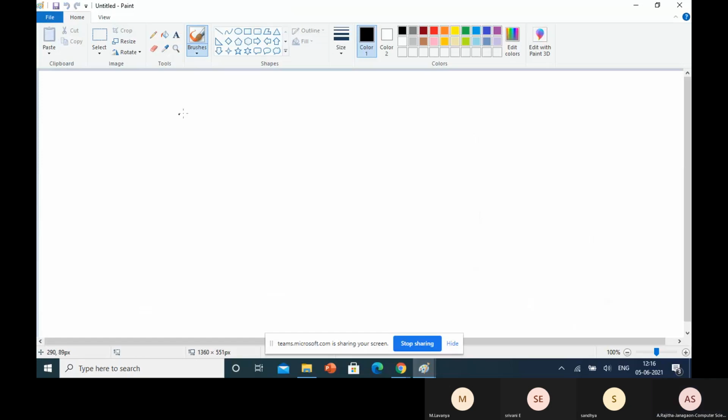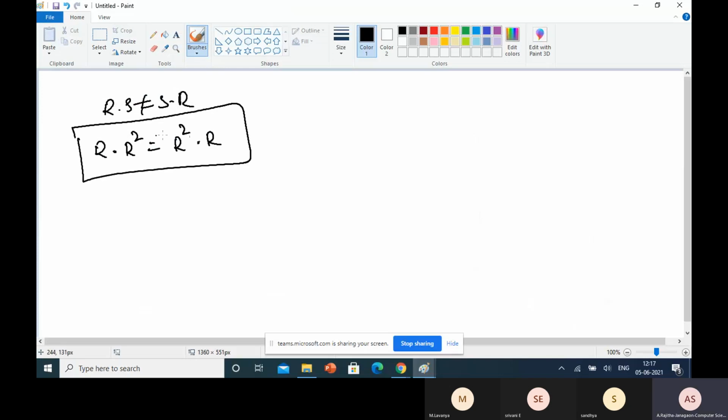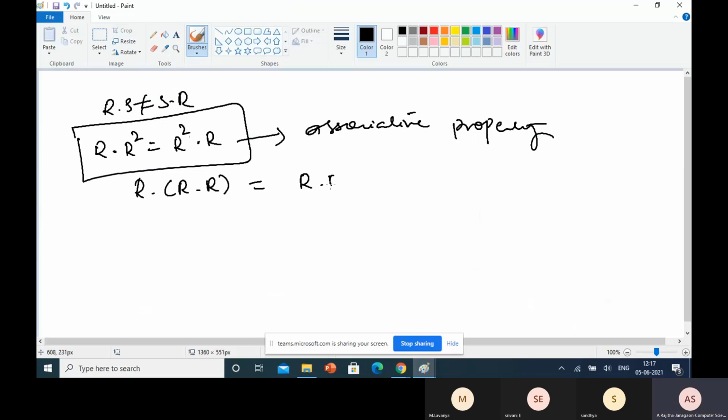Coming to this, R to S is not equal to S to R, but R to R square equals R square R. This is satisfied based on the associative property. So R composed with R is satisfied.